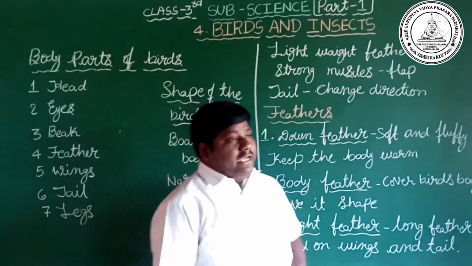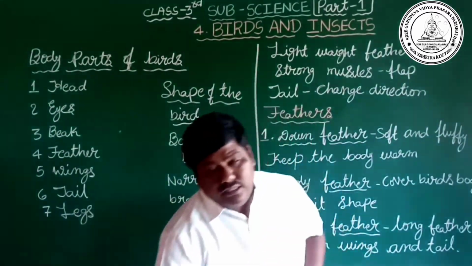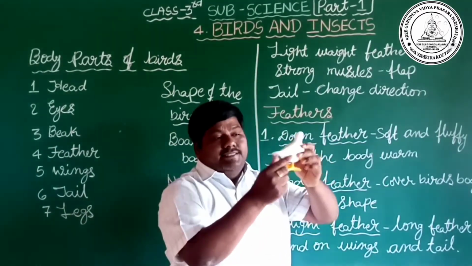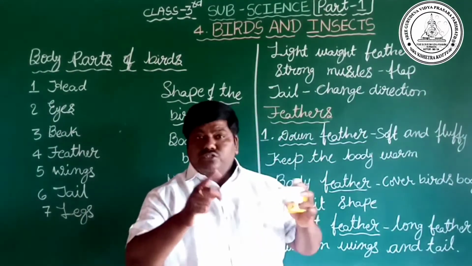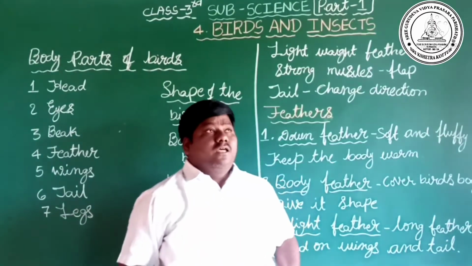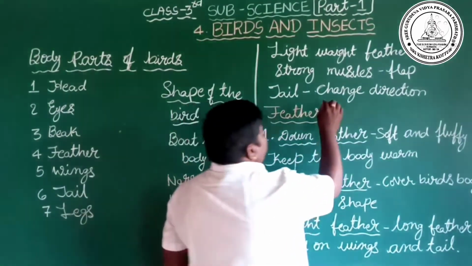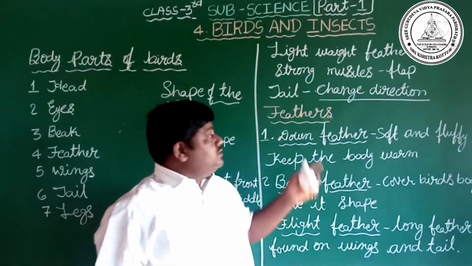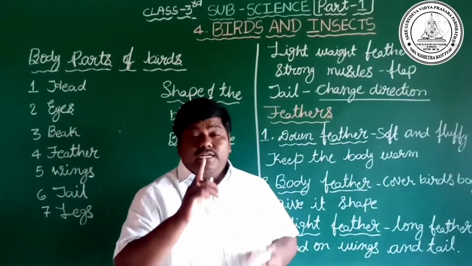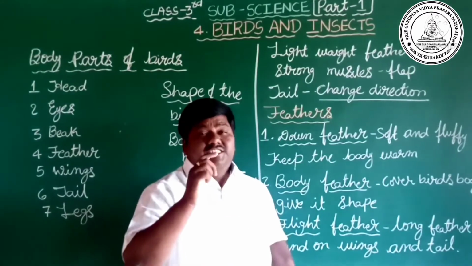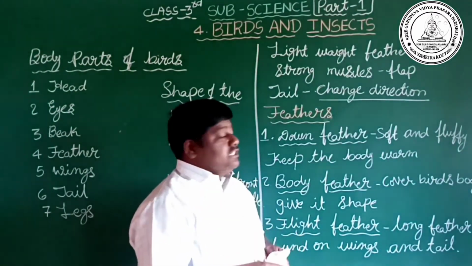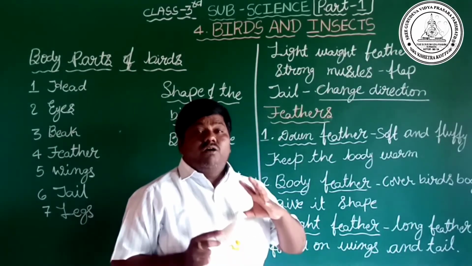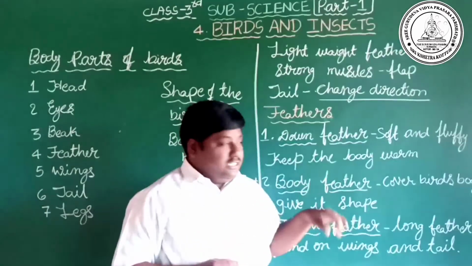See, already you know that the birds also have the tail. See, this is the tail. What is the use of the tail? The tail helps the bird change its direction. The head does not help to change the direction.